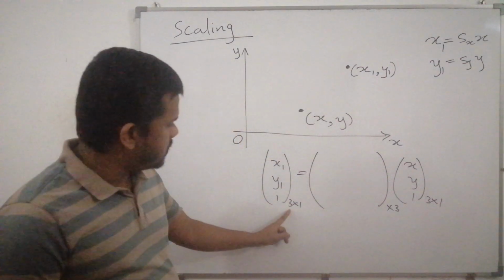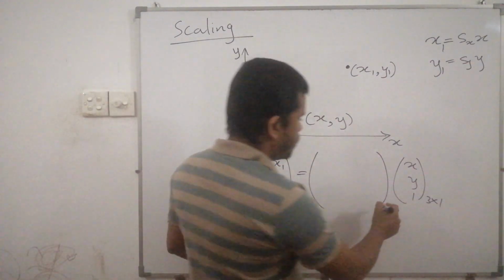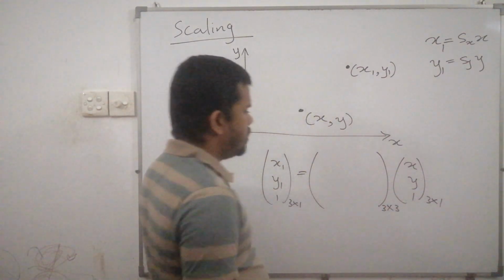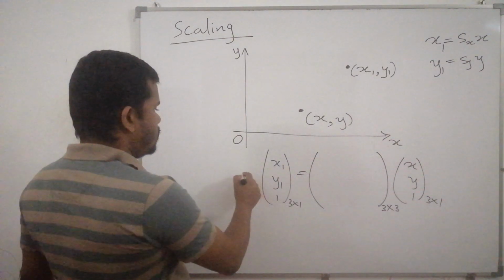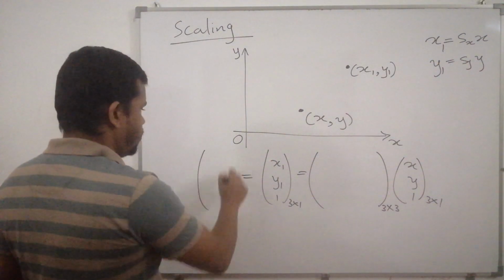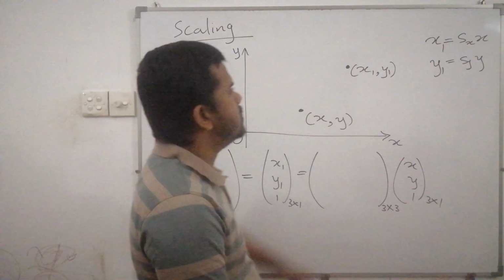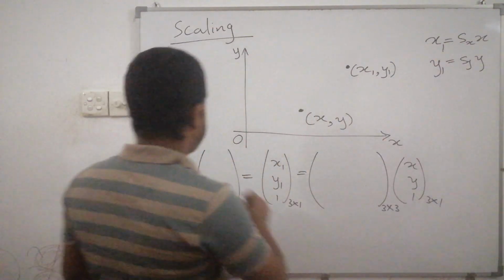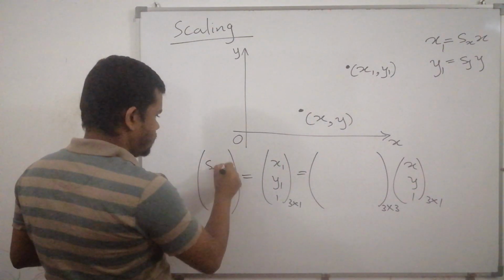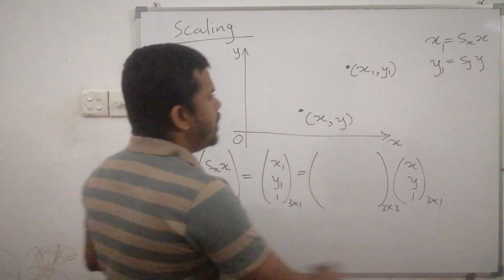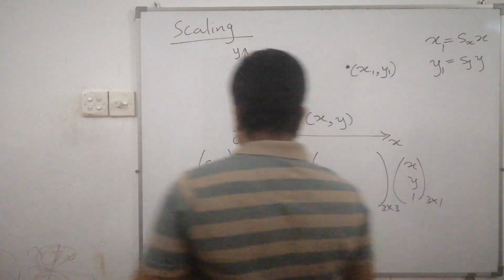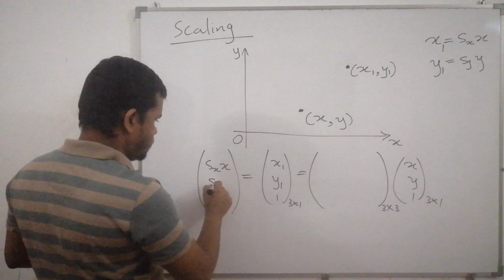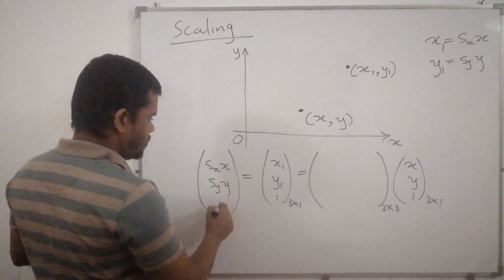Number of rows in this matrix is 3, therefore here it must be 3. Now x1 means sx into x, y1 means sy into y, here 1.